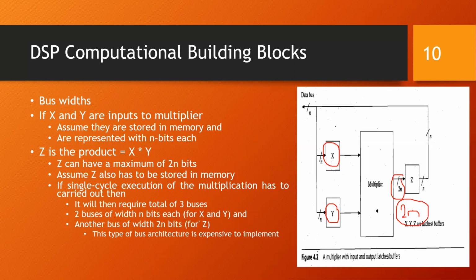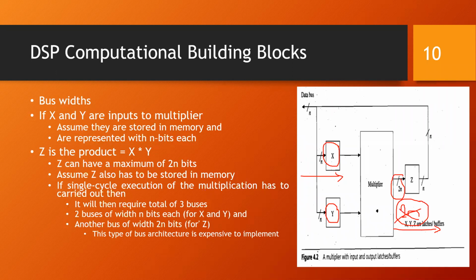So when we are looking into all these things, all these parameters have to be looked out. So I can provide an n-bit bus, and to store the result, I can provide a 2n-bit bus width for storing the information. But this is not feasible. You can do it, but generally you try to avoid it because it will increase the cost.